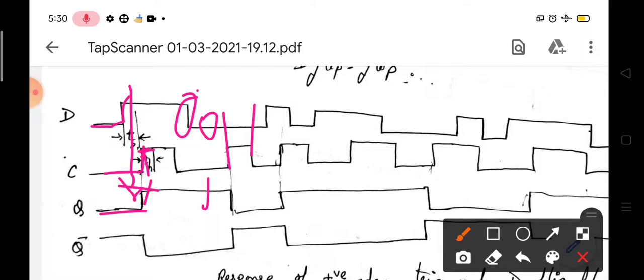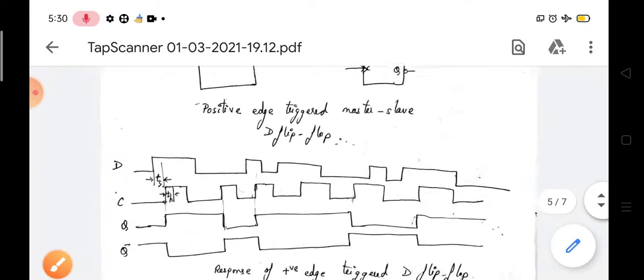So it is going to respond on the next clock. Where's the next clock? The next clock is here. So you can analyze this waveform.